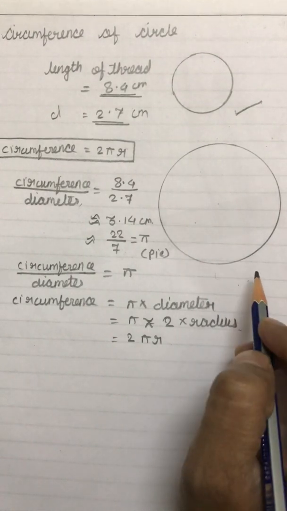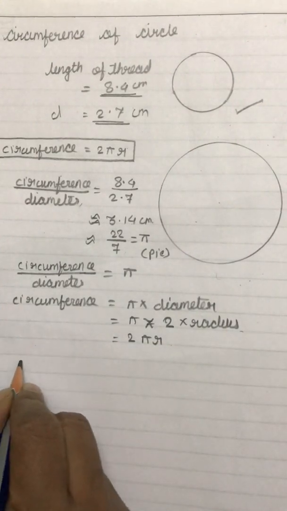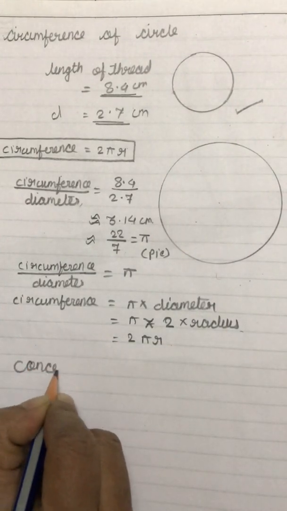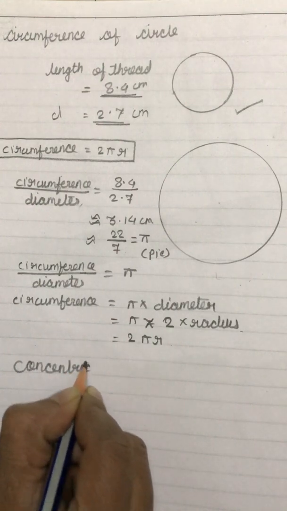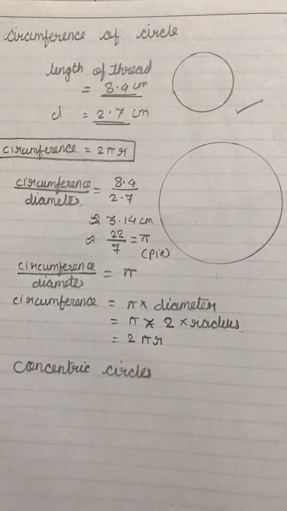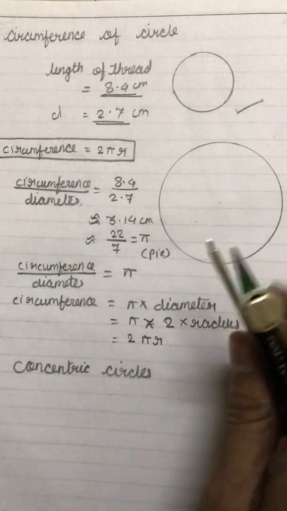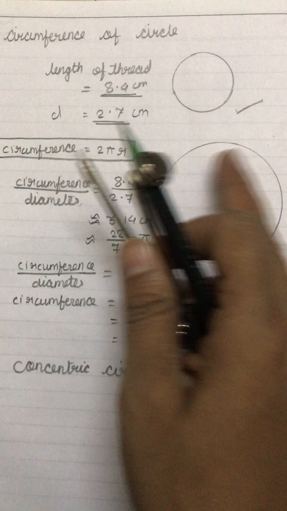Now, the next term is concentric circles. What is a concentric circle? From the word itself you can see concentric means they have the same center. Here I have already drawn one circle.